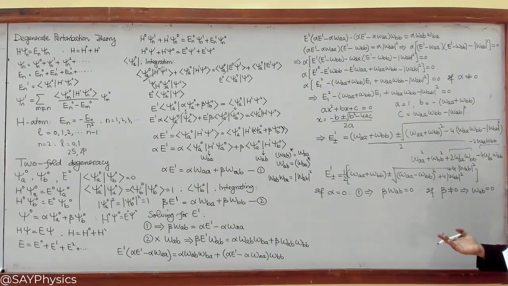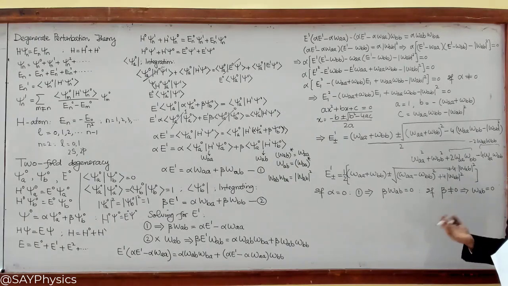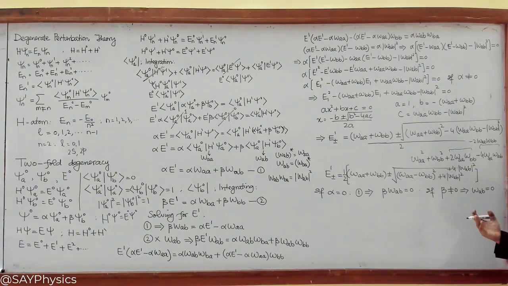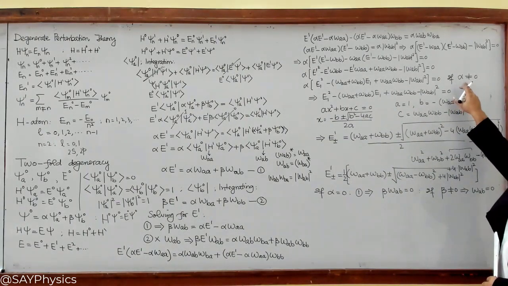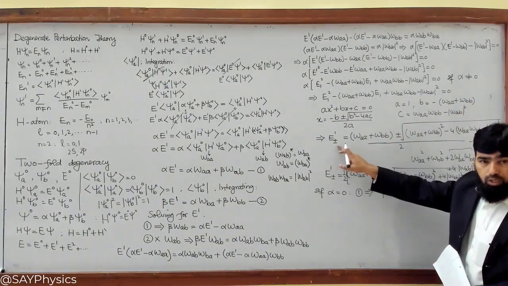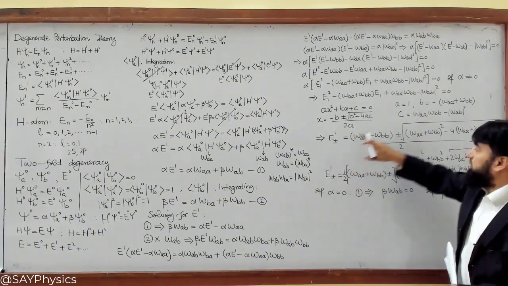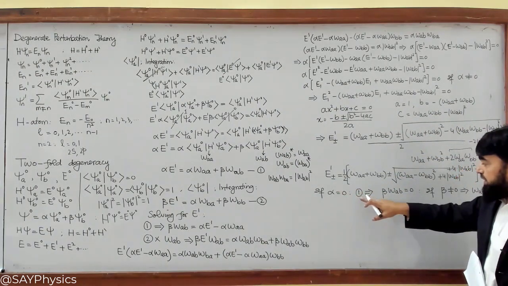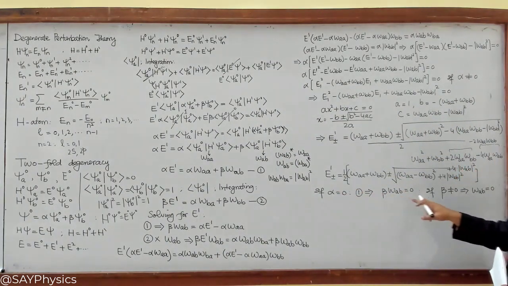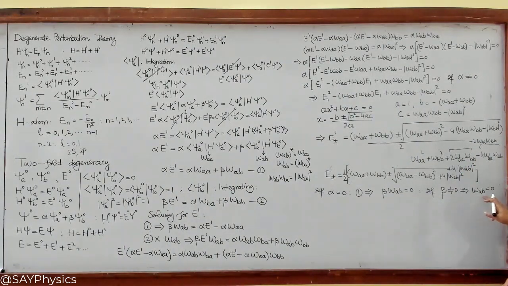The states we know, psi A0 and B0, and the constants define their linear combination. It will give us a suitable wave function. So the alpha and beta values are important. Here we said alpha is non-zero, and we got the two values of E1. But it is equally possible that alpha is 0 as well. And equation 1 tells us that if alpha is 0, then WAB should be 0 if beta is non-zero.